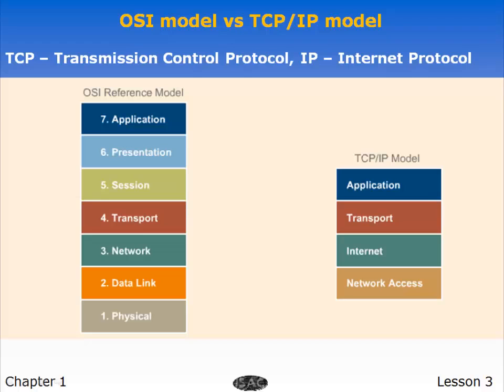Of course, the TCP/IP model should map onto the OSI reference model. In other words, each layer of the TCP/IP model can combine one or more layers of the OSI reference model.